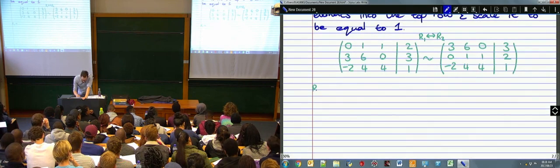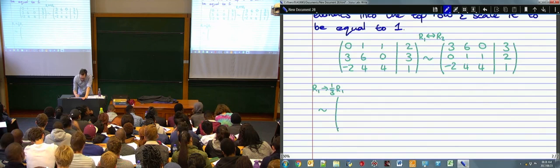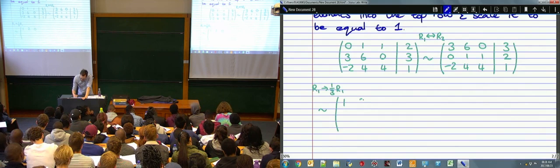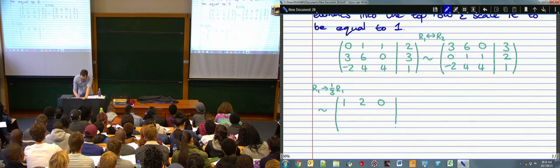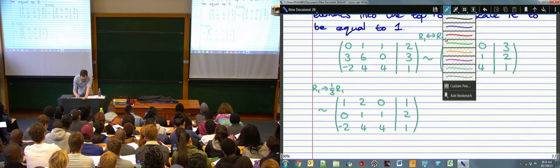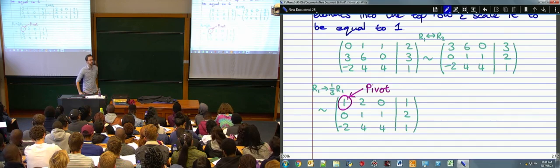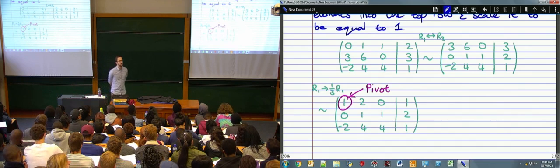So row 1 is now going to be 1/3 of row 1. So 3 divided by 3 is 1, 2, 0, 1, 0, 1, 1, 2, minus 2, 4, 4, 1. And this over here is now going to be our pivot. Yes?